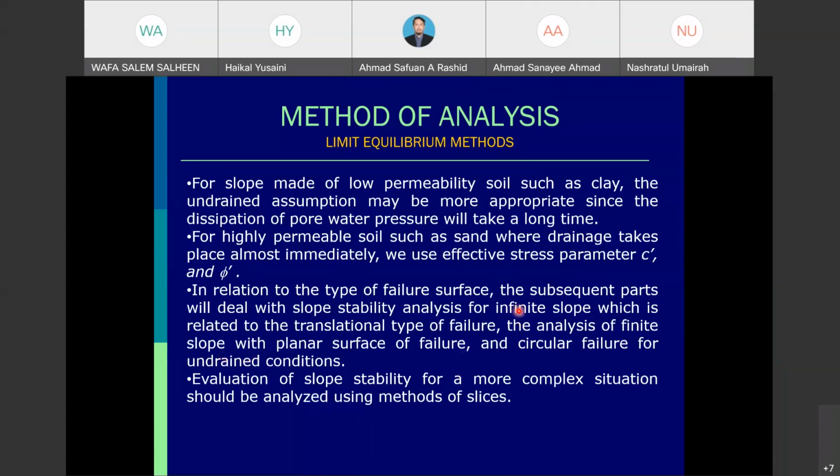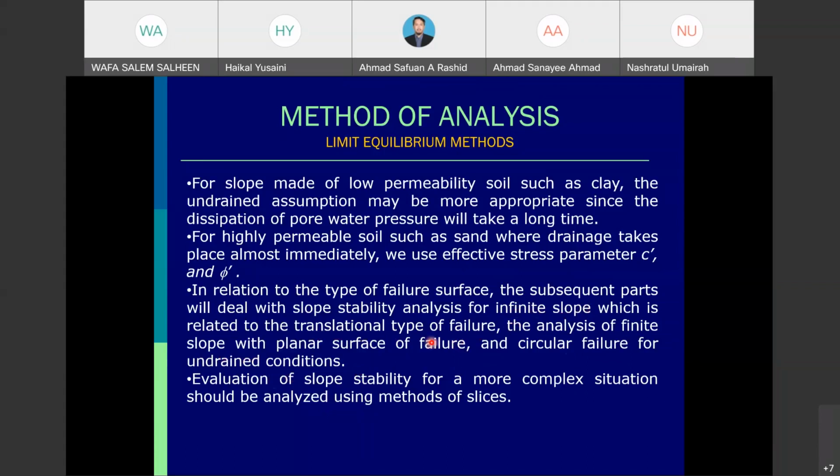For example, for the infinite slope, we may use the translational type of failure. While if we do finite slope, we may use the circular failure for undrained conditions.